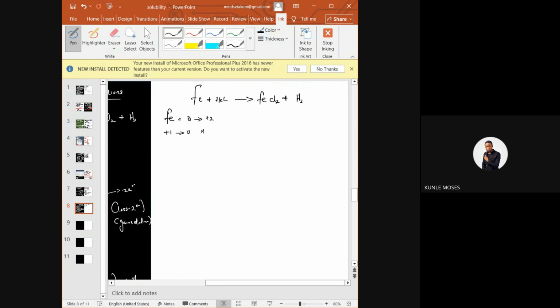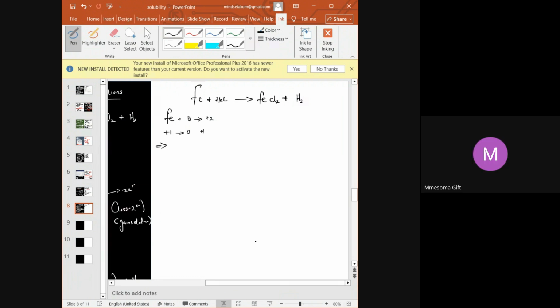This is for hydrogen, this is for iron. Step two said we should identify which one is oxidation and which one is reduction. So Fe has lost 2 electrons. Which one is oxidation? Which one is reduction? I think that aspect always confuses me, so let me ask you. Gift, iron is oxidation.